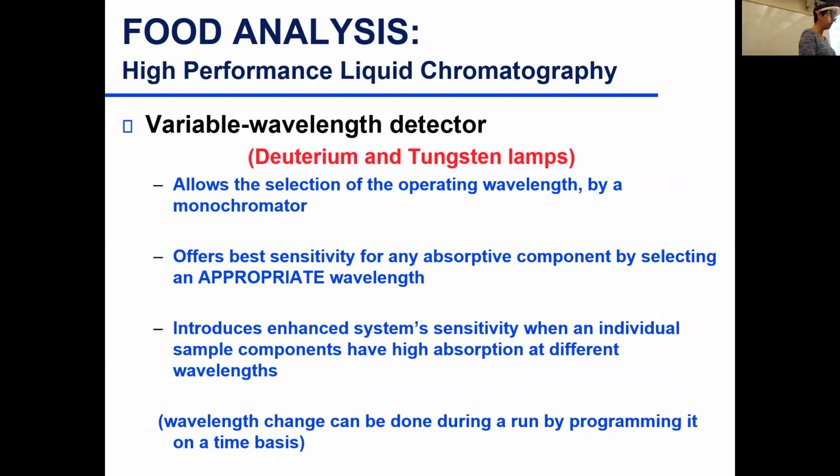So we identify the lambda max for our compounds, and if we know it, then we just enter that wavelength, and the UV detector will then measure absorption at that particular wavelength using something we call a monochromator. A monochromator, again, I'll talk about it in more detail as well, but it is a unit that filters light.